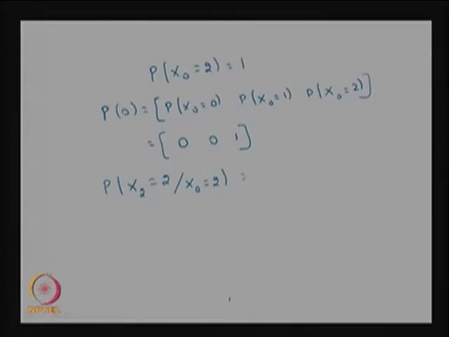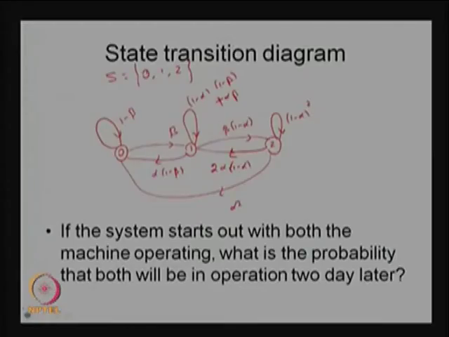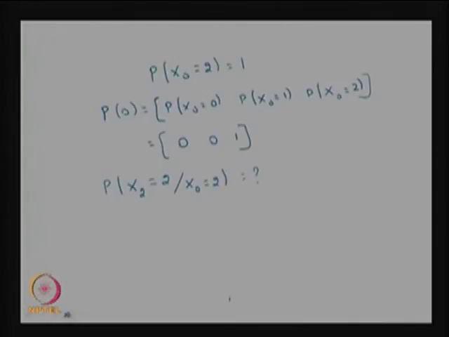So, this is what you have to find out. What is the conditional probability? If the system starts with both the machines, what is the probability that both will be in operation 2 days later? So, this is a conditional probability.